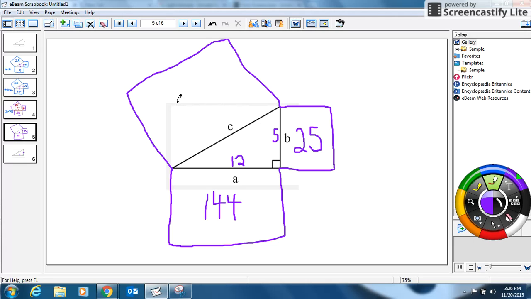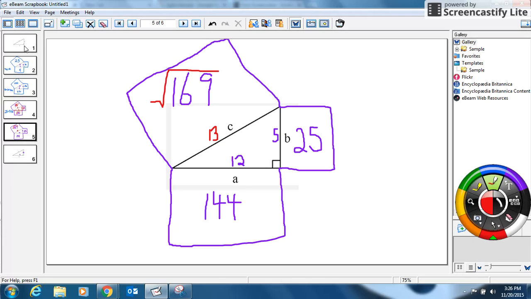So 144 plus 25 is 169. And we've learned in previous lessons that the square root of 169 is 13. That's Pythagorean's theorem. Being able to take the 2 side lengths and figure out what the third side length is.